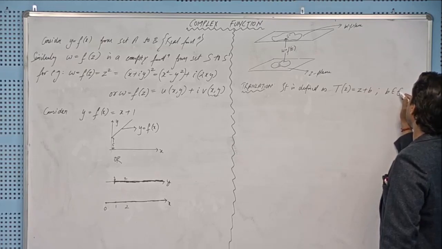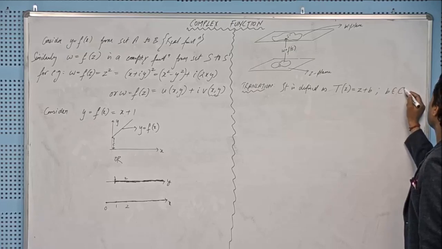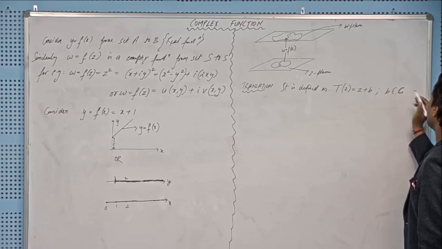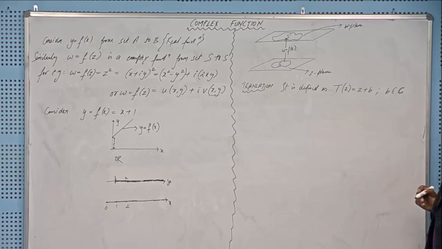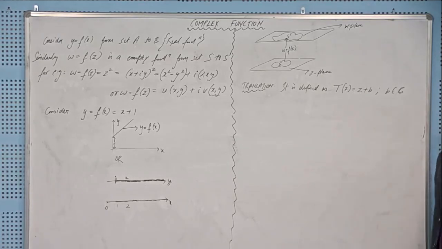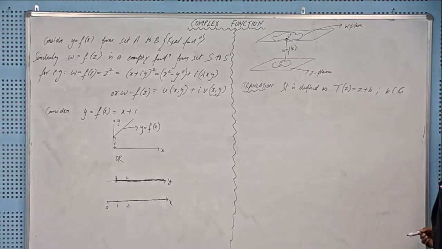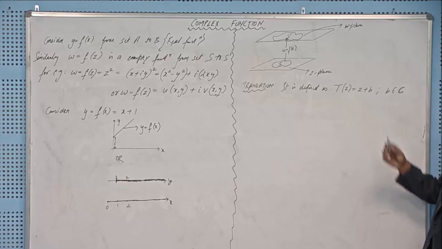And let me denote this by, let's see, complex number b. This b is a complex number, z is the input, and the output is Tz, right? T stands for translation, right? Then what does this mapping actually do?